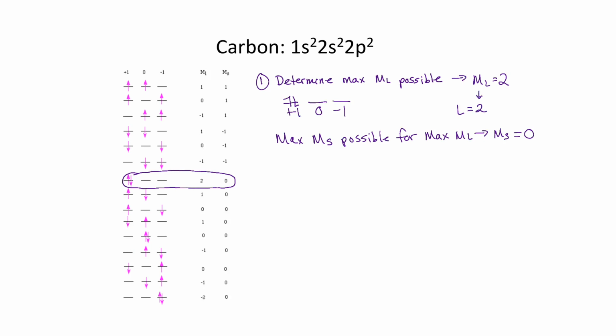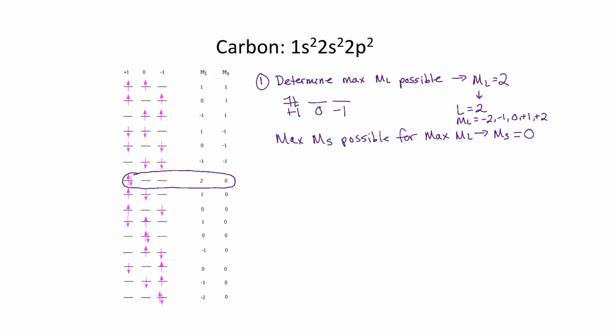Okay, so if we have an L of 2, that means that we get maximum possible m sub L values of -2, -1, 0, +1, and +2. Okay, so what we're doing here, again, is using that maximum m sub L value to essentially tell us what our maximum possible value of L can be.